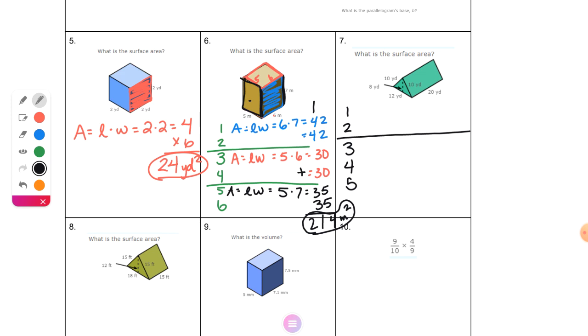So let's start with the triangle. Ethan, what is my formula to find area of a triangle? Good job. Base times height divided by 2. Nate, how do I find the base and the height of a triangle? You take the base and the height, and then... But how do I know which numbers are the base and the height? Because there's a whole lot of numbers up there.